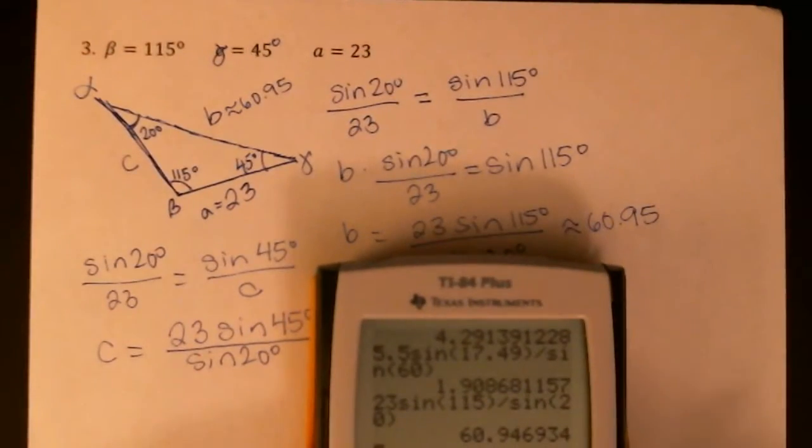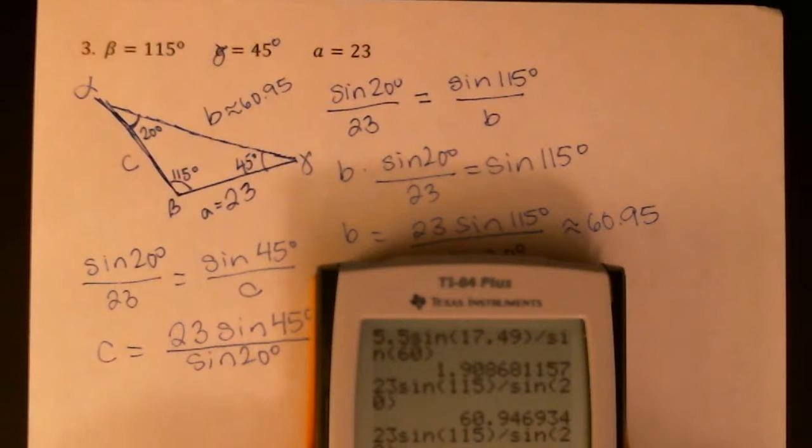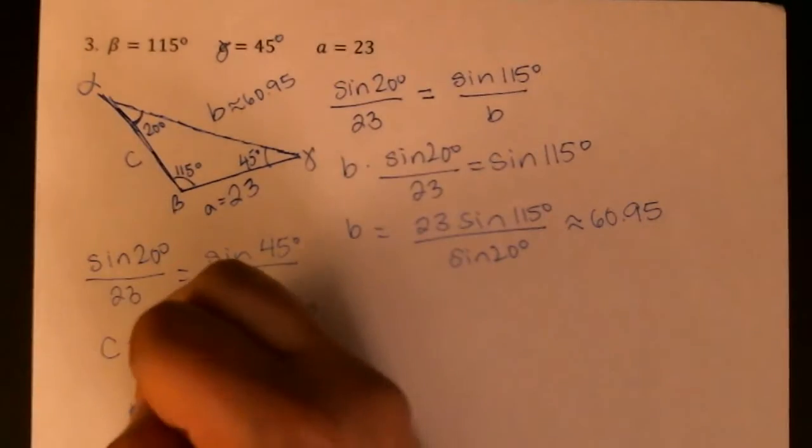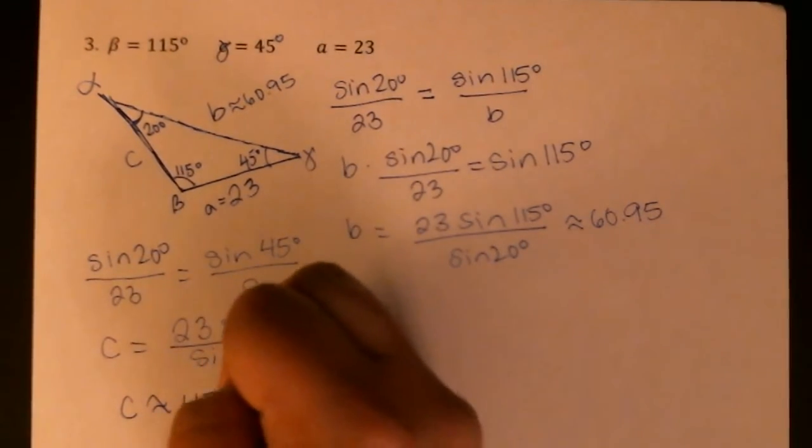So I can just snag that last entry, and all I have to change is that that's 47.55. So C is about 47.55.